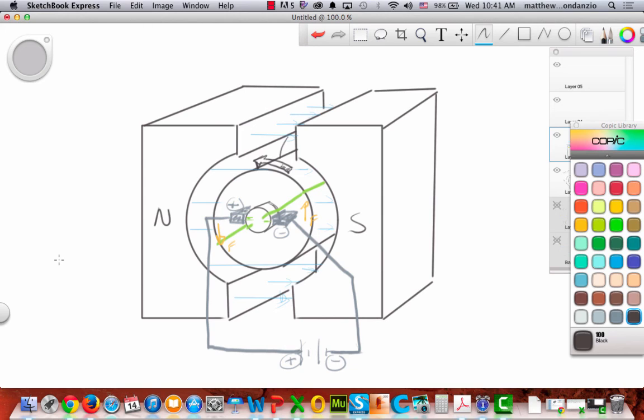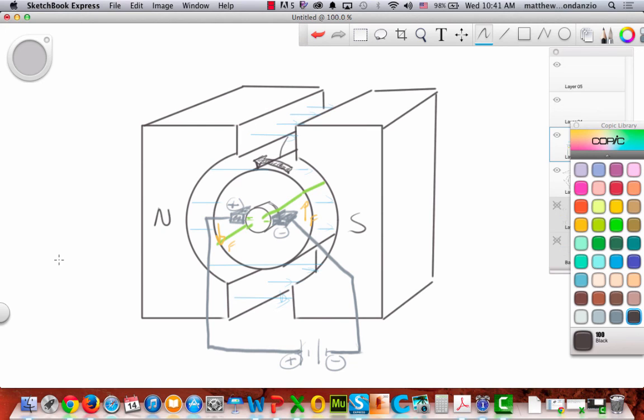In this direction, right? I'm trying to make it rotate all the way around. Now, once this wire gets over to here, and this wire gets over to here, do I get a different force set up? No. Do I get the same force direction? If this is my pin 1, pin 2, pin 1 initially has what on it?